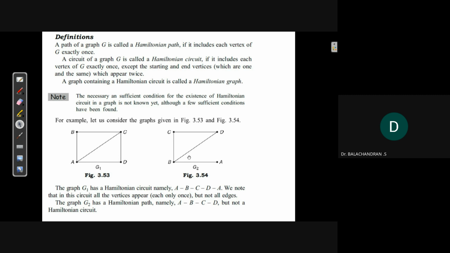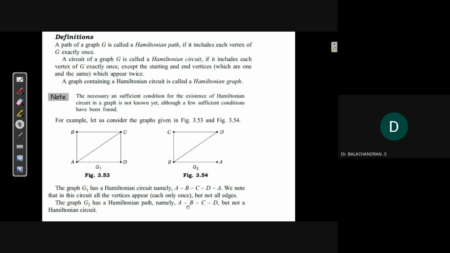So what is G2? G2 has a Hamiltonian path. Why is it a Hamiltonian path? A to B, B to C, C to D. It covers all the vertices, but the starting and end points are different. So that is why it is not a Hamiltonian circuit.